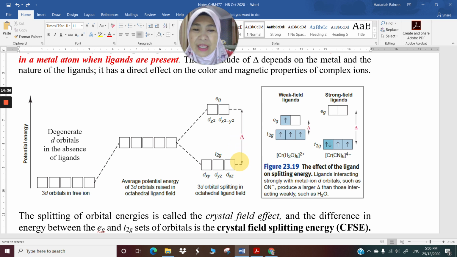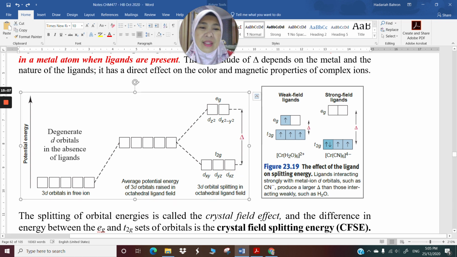So you have the d orbitals, three of them, dxy, dyz, dxz, which are the T2g group, at a lower energy level, and two orbitals, dz squared and dx squared minus y squared, which are the Eg levels, are higher. The separation between the two sets is called delta, and the total of this is 10 Dq.